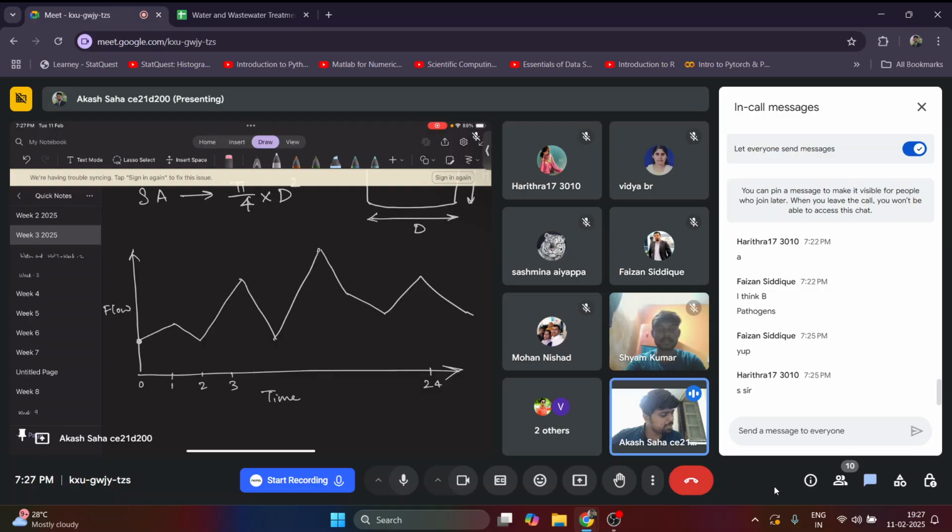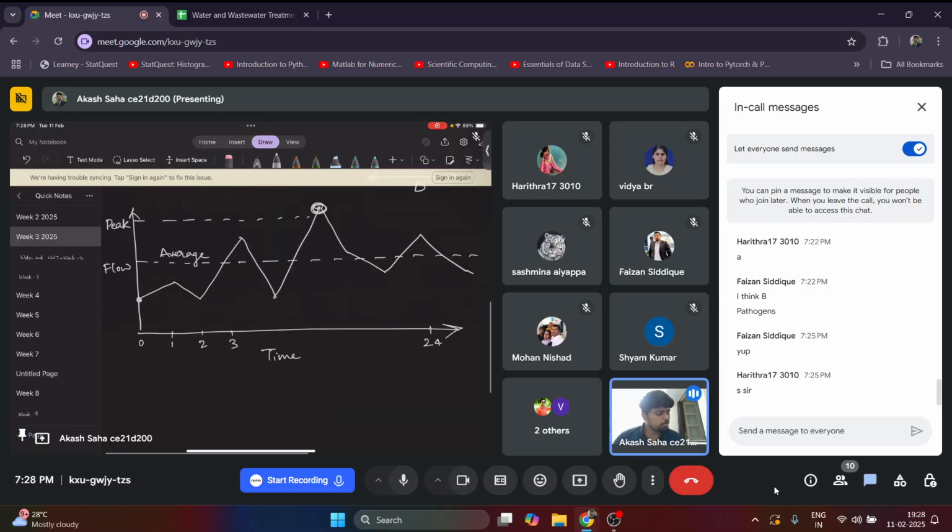So one will be my peak flow. Suppose this is the maximum flow, and there will be some flow which is my average flow. Suppose this is my average and this is my peak.